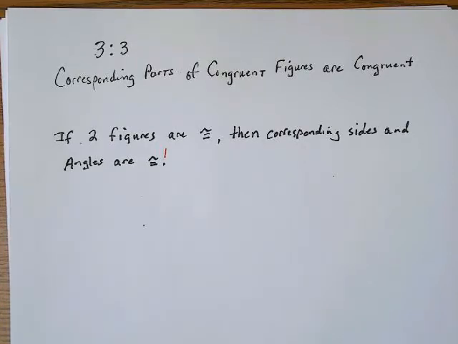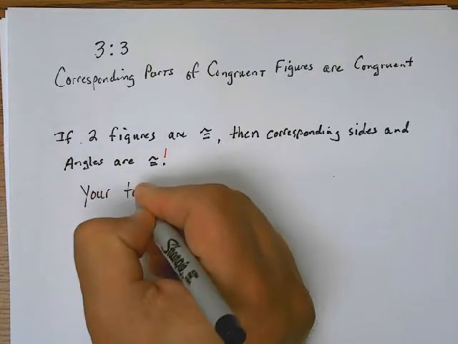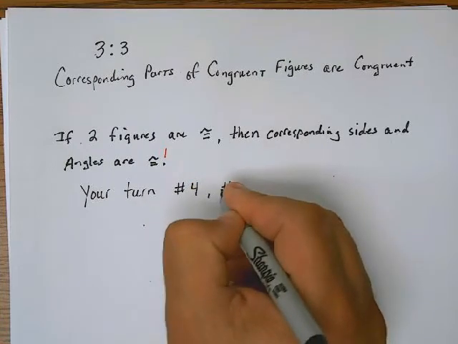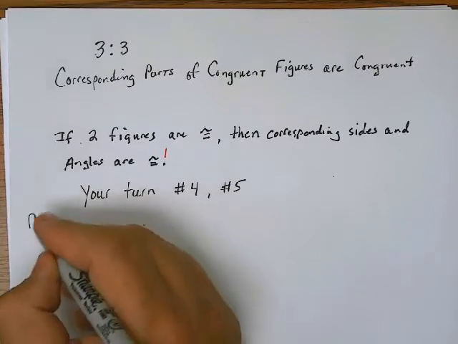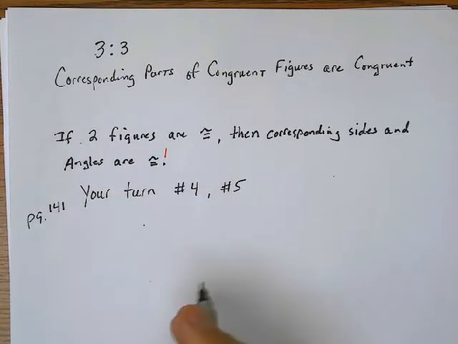Turn over to the top of the next page. Looking at your turn, number 4 and number 5, top of the next page. Everyone see the two pictures that are there? Those are triangles, correct?